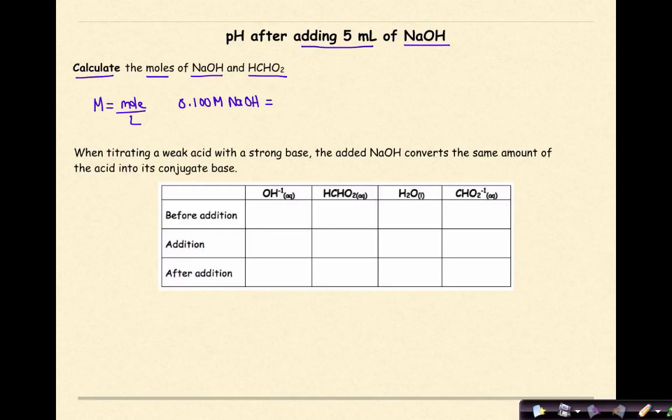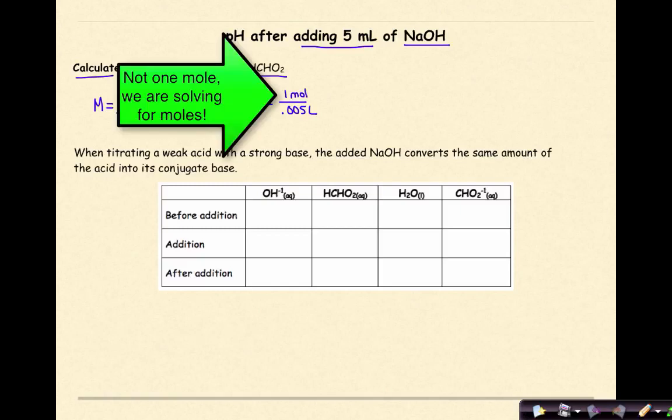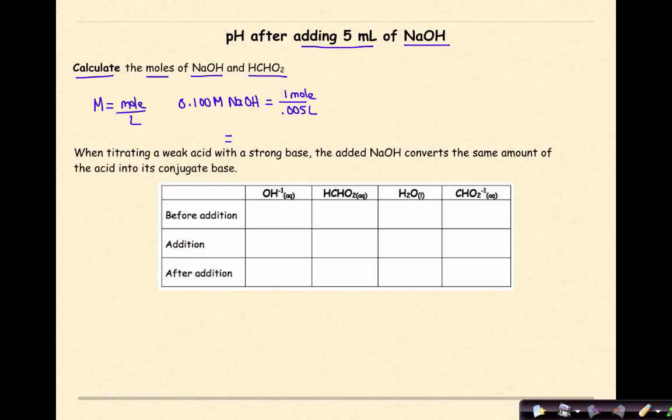And they say, hey, the volume is 5 milliliters. So of course I'm going to change that into liters. So 0.005 liters all over 1 mole. And then I'm going to solve for moles. So when I do that, I'm going to have 0.0005 moles of sodium hydroxide.